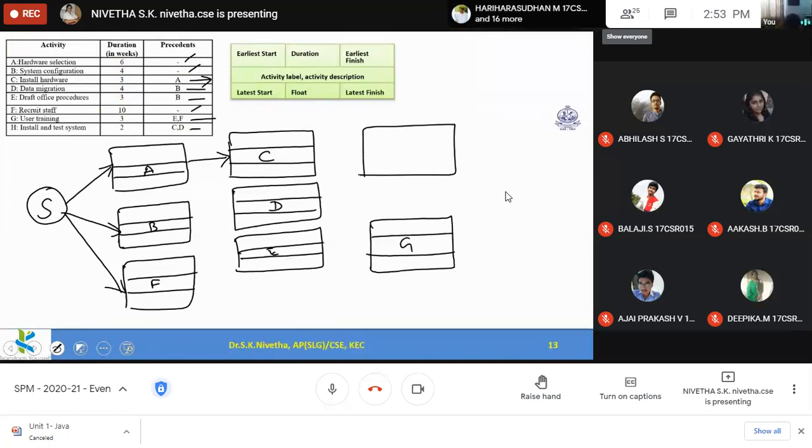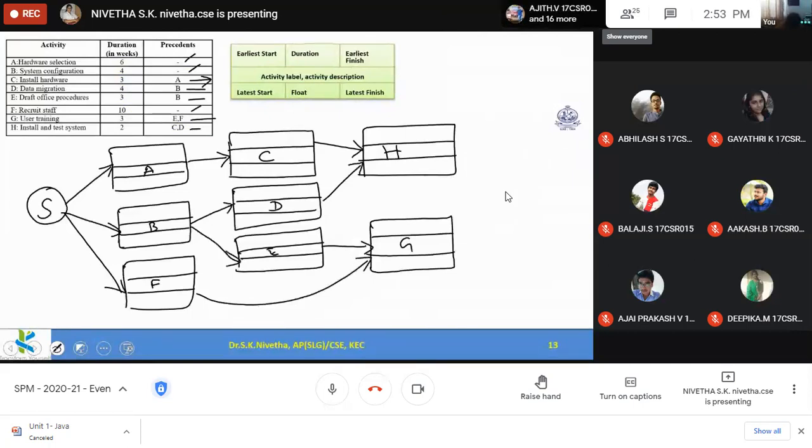So here I am drawing H. So after C and D are over, I am drawing H. After E and F are over, I am drawing G. And after B is over, D and E. So all these are drawn. Now finally, this is the end. So now we shall mark 7 partitions in each node.